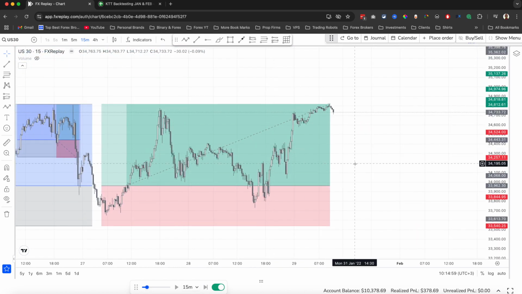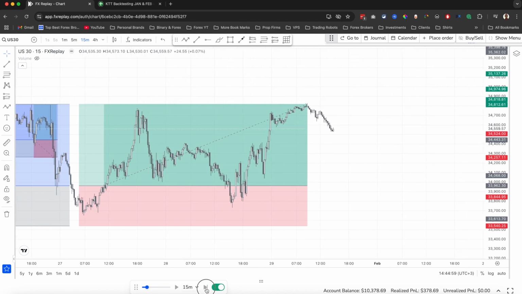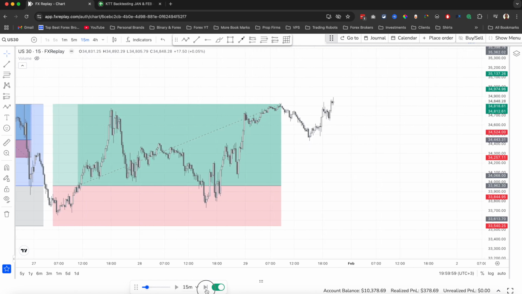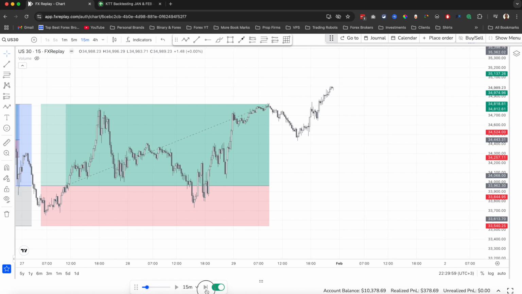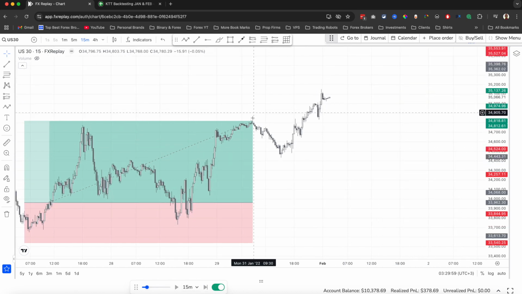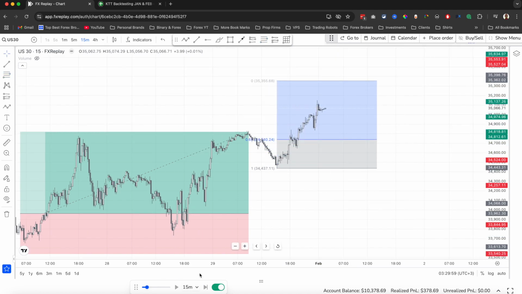We won the fifth one. So we find another one here. The price has now broken our structure for Fibonacci tools down here. So we wait for the price to reverse.